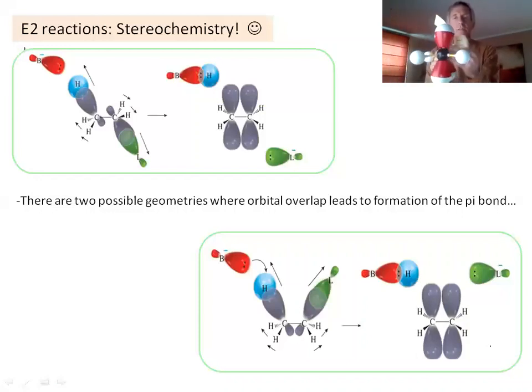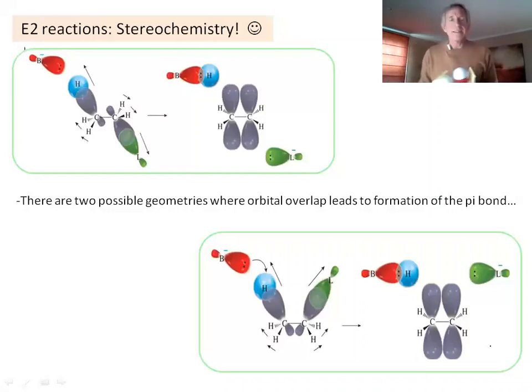So as long as these p orbitals are aligned, you have a beautiful alkene double bond. But in this slide, both alkenes shown here are the same molecule. So it seems like, what's the big deal? I could make the same alkene either way, it doesn't even matter.